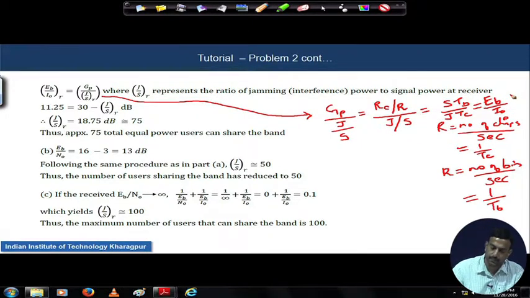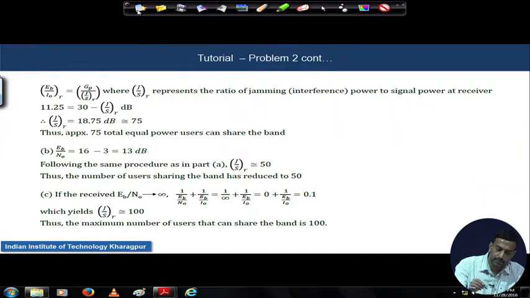So basically we see that we express Eb by N naught in terms of the processing gain, which in turn is expressed in terms of Rc and R, and we are in a position to equate it to the jammer power to signal power ratio.